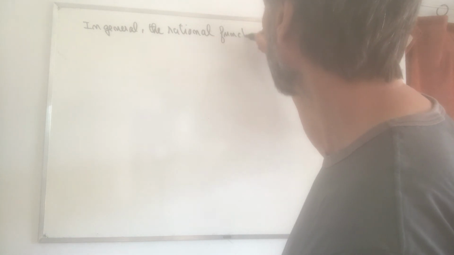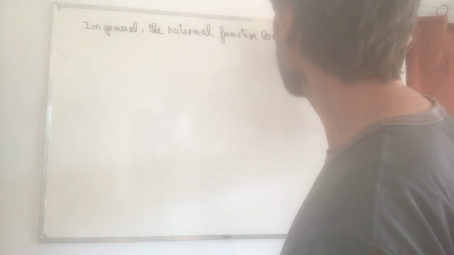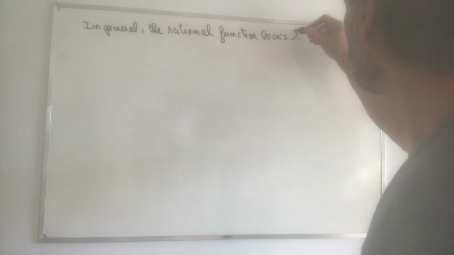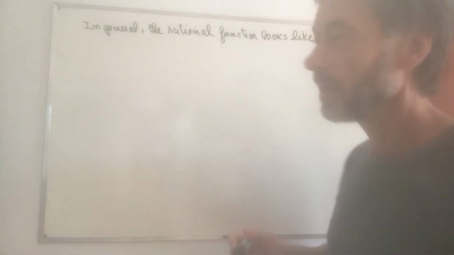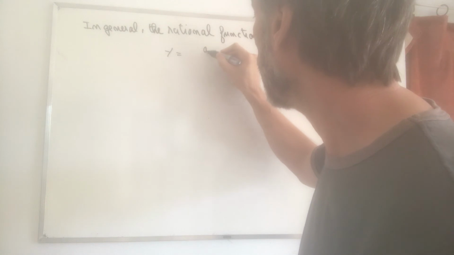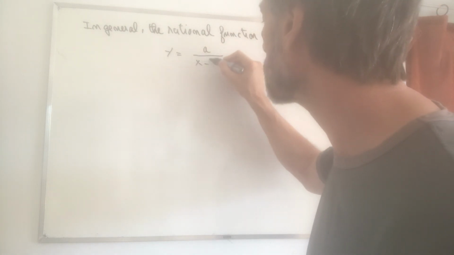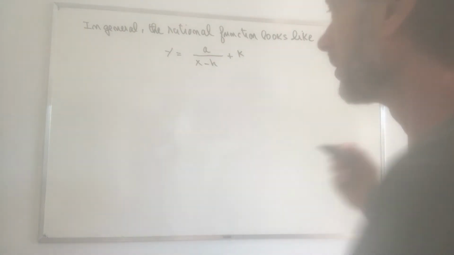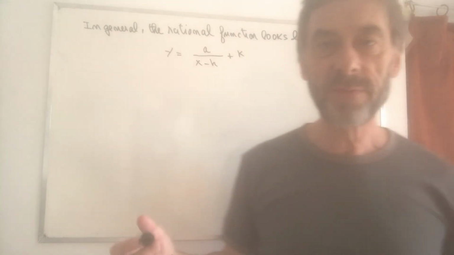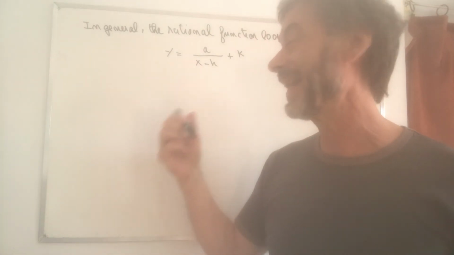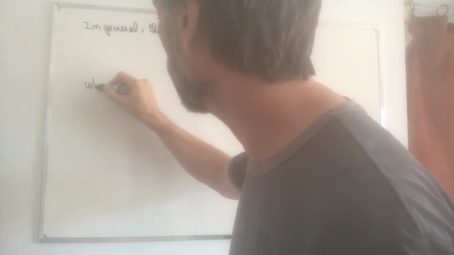Well, you might recall y equals a over x minus h plus k, right? So this is the usual high school way of expressing this with an h and a k. The h and the k have obviously great significance for this graph. So let us see where it is.